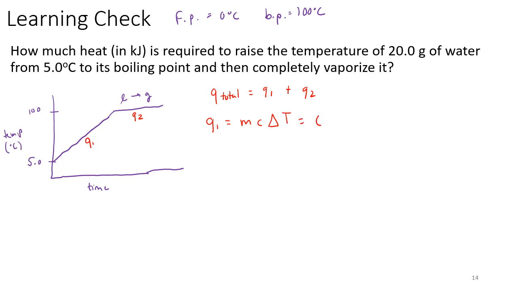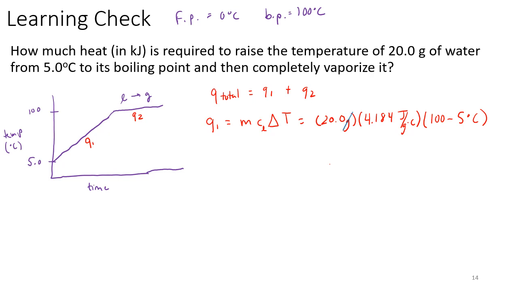M will be the mass. We have 20 grams. C is going to be the specific heat for liquid water, so C sub liquid, 4.184 joules per gram degrees Celsius, times delta T, which is T final minus T initial. Our final temperature was 100 minus our initial temperature, which was 5 degrees Celsius.